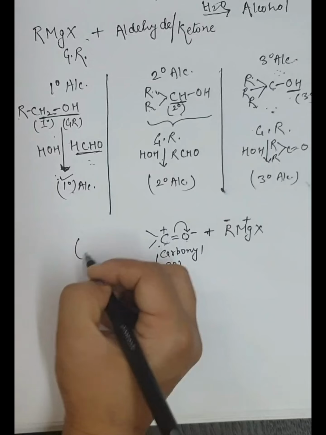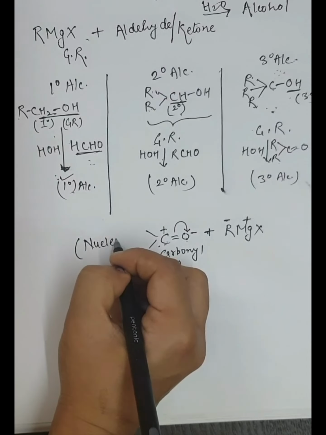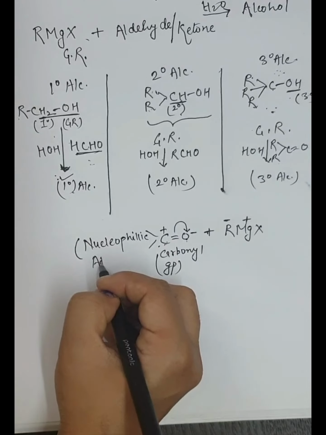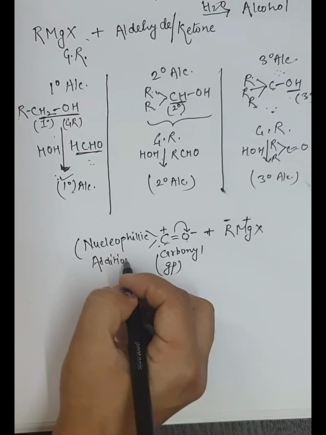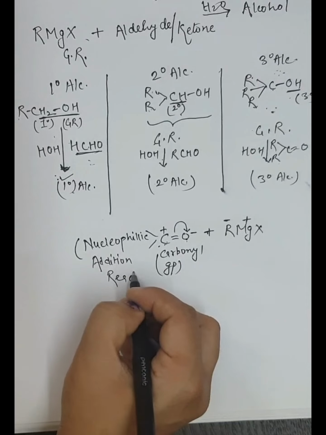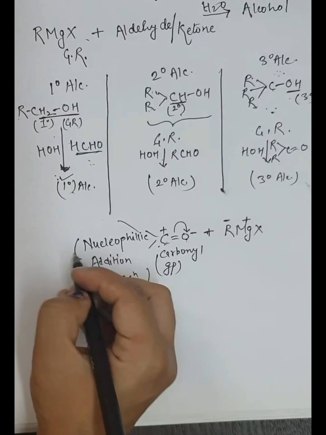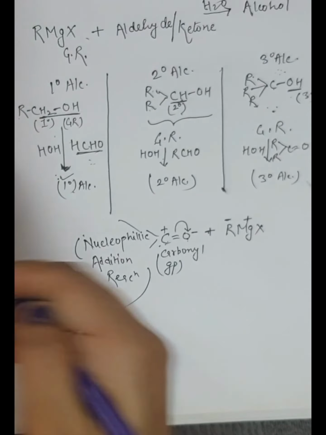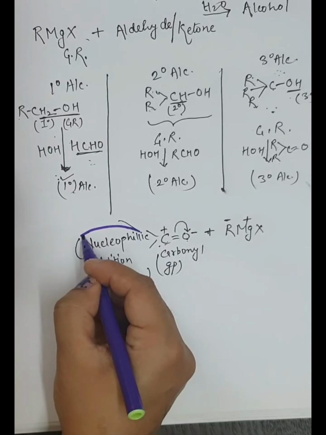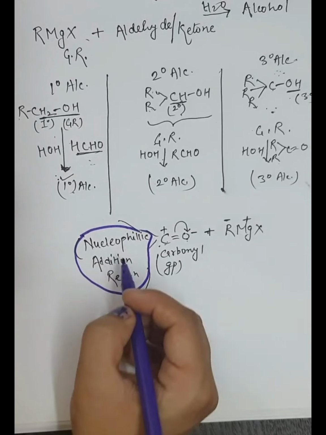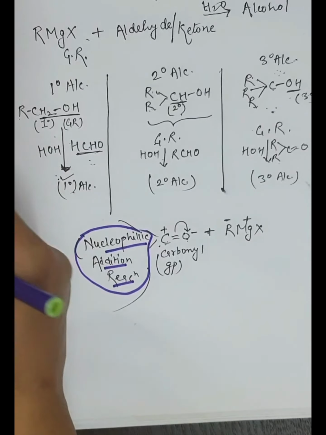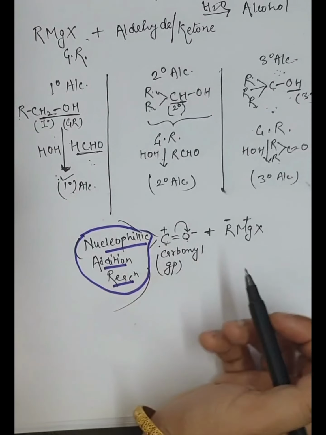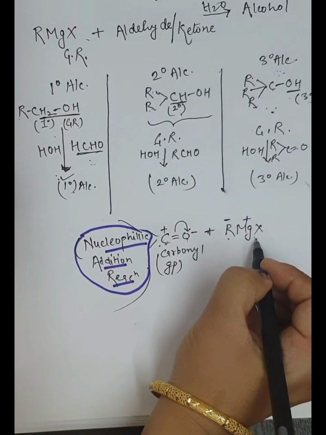And in carbonyl group, general reactions are nucleophilic addition reactions. In nucleophilic addition reactions, first nucleophile attacks the carbonyl group, and here what is nucleophile?